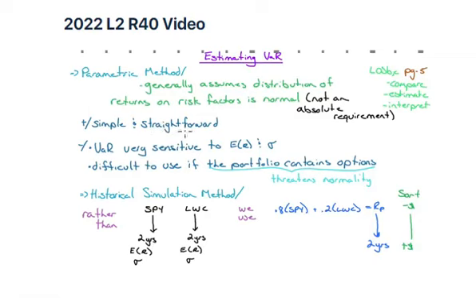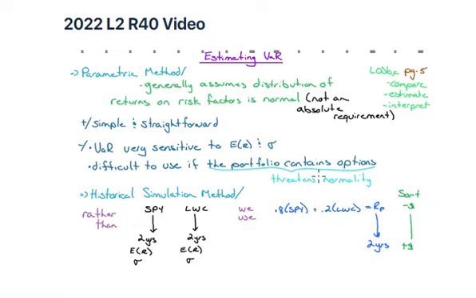That's easy to understand. The downside: the VaR is very sensitive to our estimates of expected return and standard deviation. And it's difficult to use if the portfolio contains options, because options have a nonlinear payoff, and that threatens normality.